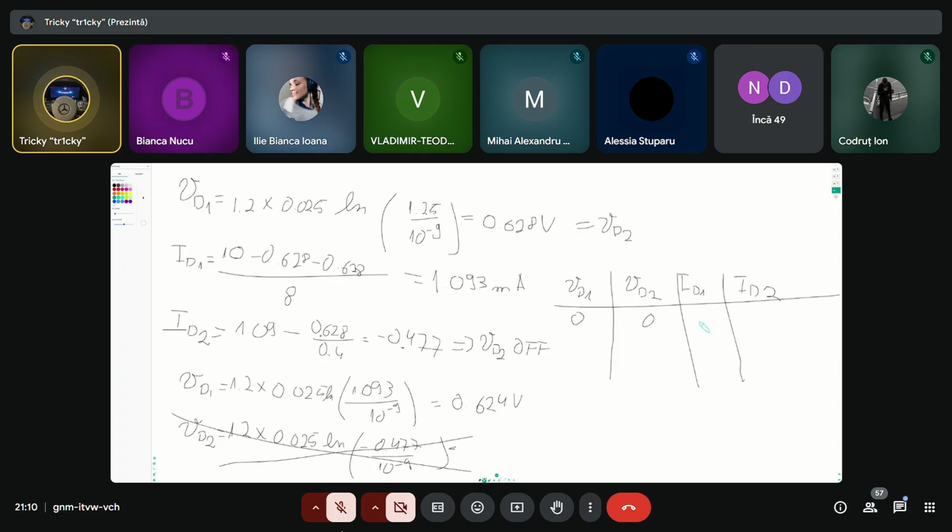When they were both 0, they were both 1.25. And when they were both 0.628 and 0.628, how much were IDs?